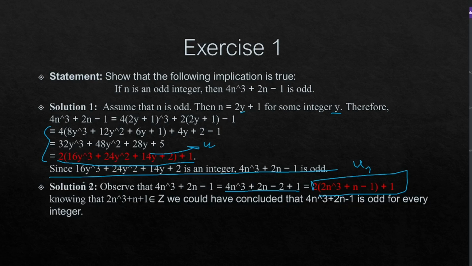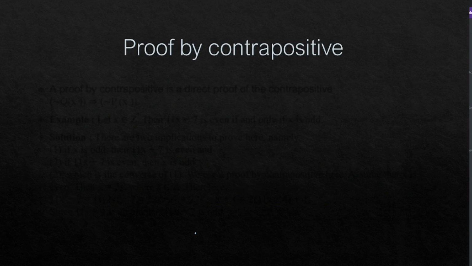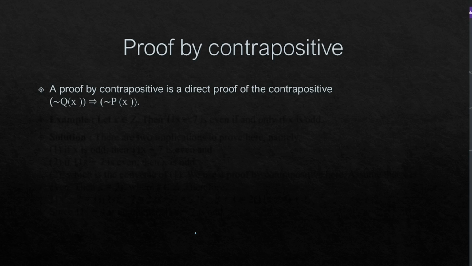Okay. Then let's take a look at a different proving method, and that's contrapositive. A contrapositive is kind of a different viewing of a direct proof. So a proof by contrapositive is a direct proof of the contrapositive, and a contrapositive is this: not q implies not p.